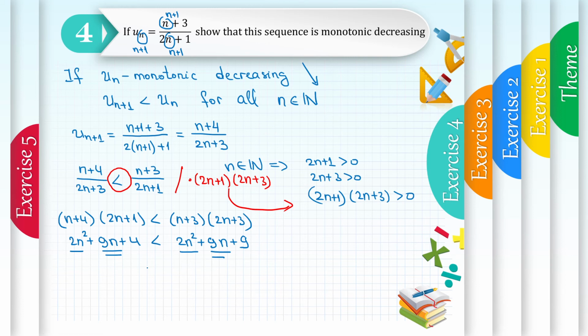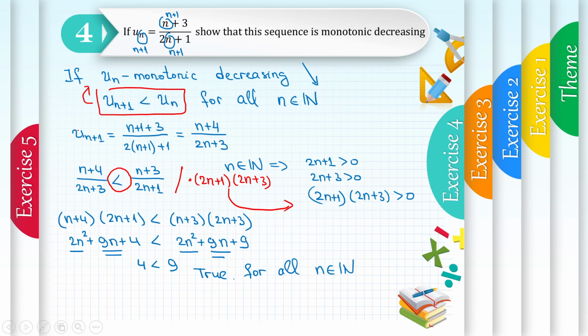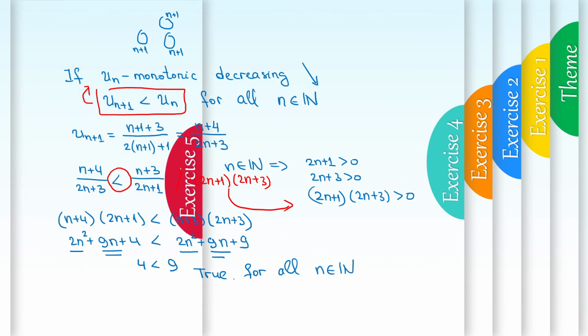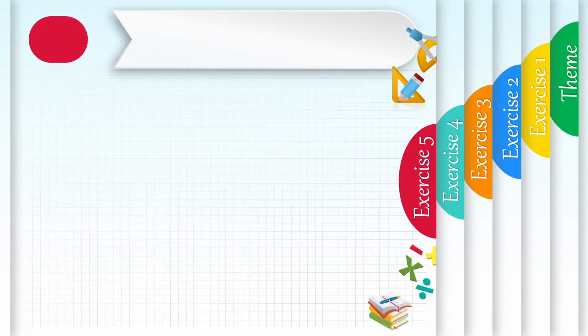So in fact it gives us to prove that 4 is less than 9, which is true for all n belonging to positive integers. This means that u_(n+1) is always less than u_n, and this means that u_n is a monotonic decreasing sequence. So this was exercise number 4, and next let's move to exercise number 5.